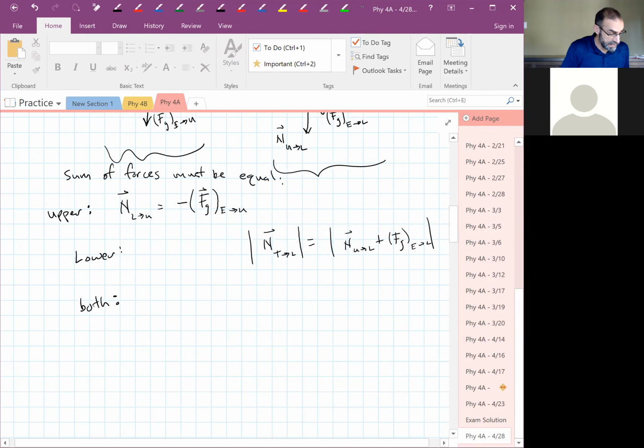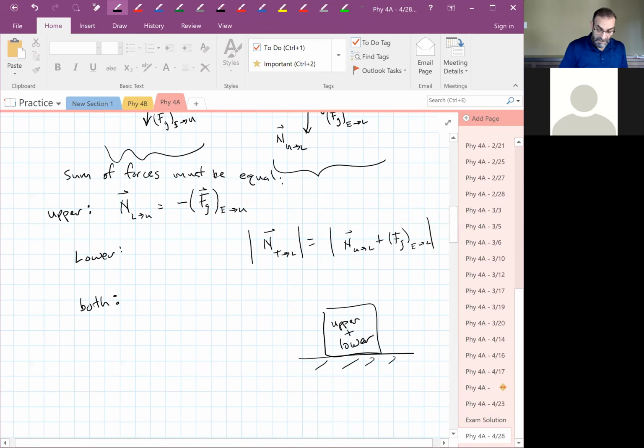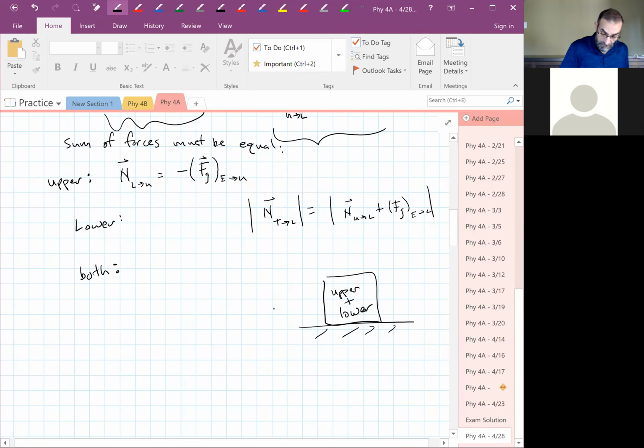So if we had that situation, if we had the table, then what we would end up with is that the normal force here is equal to F sub G, right?